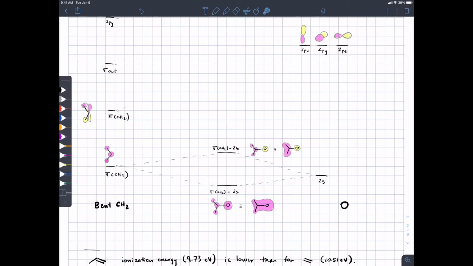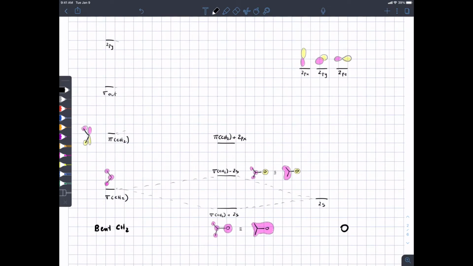Again, there's a difference in energy, a difference in overlap. So we expect the bonding orbital, the plus combination, the lower energy combination, to be mostly on carbon, and the higher energy combination to be mostly on oxygen. So let's put the lower energy combination here. This would be pi CH2 plus 2px.